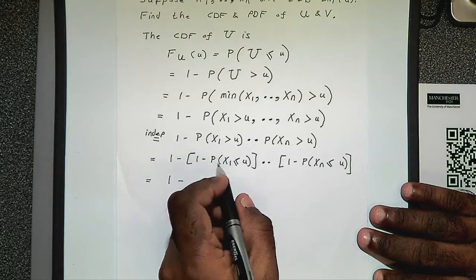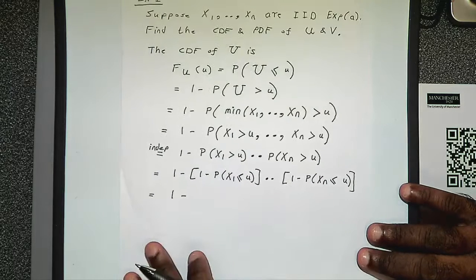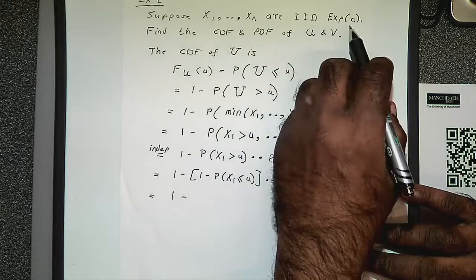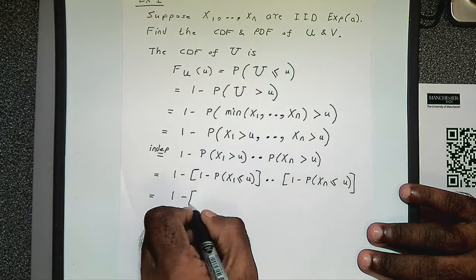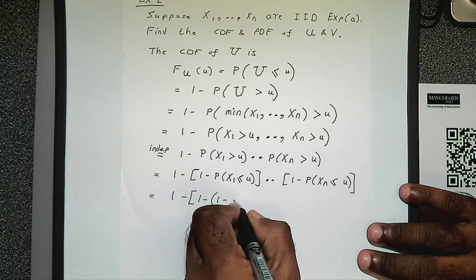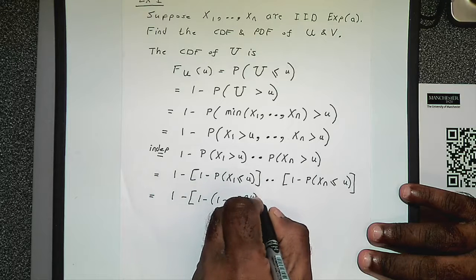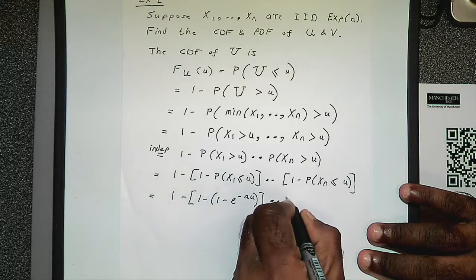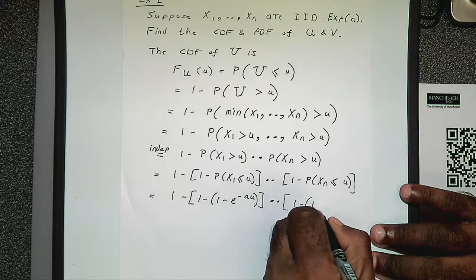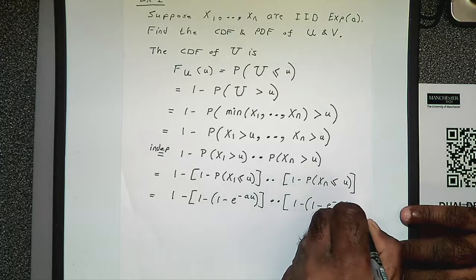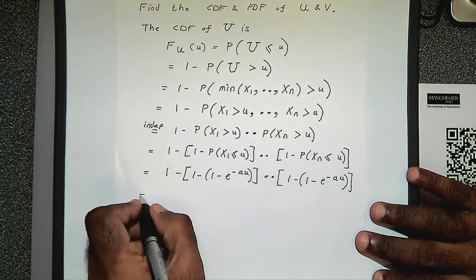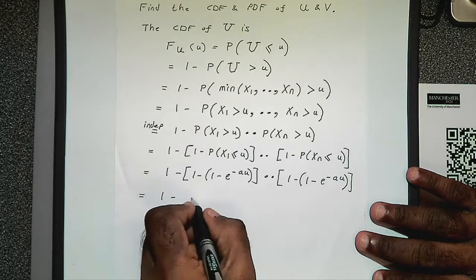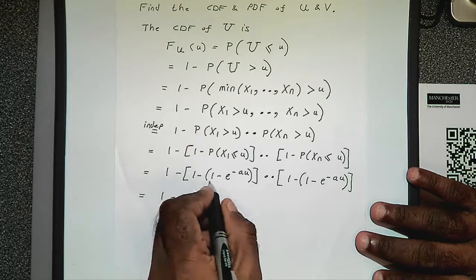Now remember, for the exponential distribution, do you guys remember the exponential distribution? What's the CDF? You don't remember? It's 1 minus e to the minus au. All right, so this becomes e to the minus au, because the 1 and the 1 cancel.